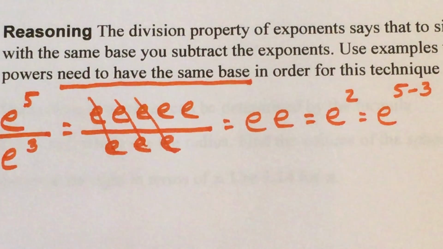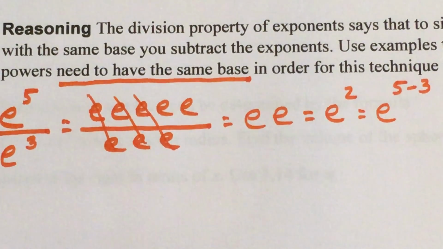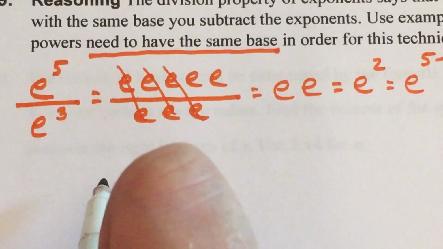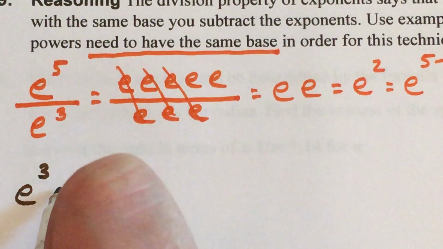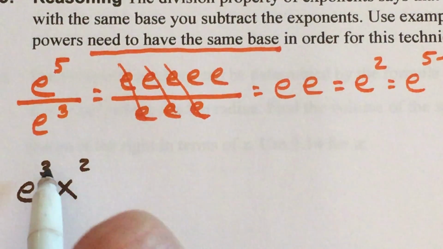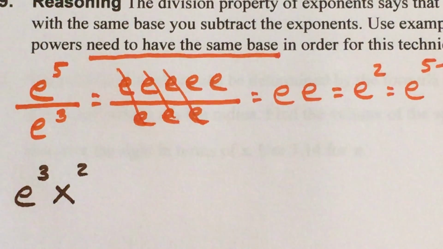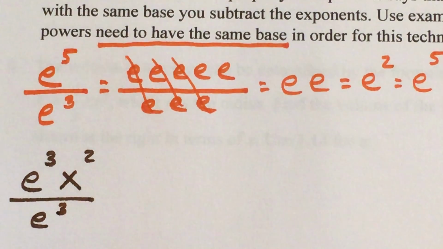All right. So let's go find out what happens if they're not the same. What if I have e to the third and x squared? Because 3 plus 2 makes 5. So why not that? Still divided by e cubed.